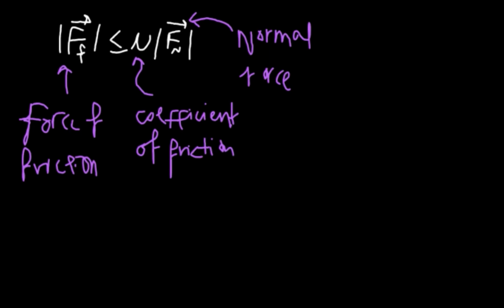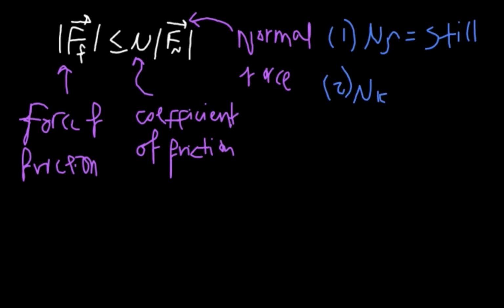So to understand the inequality, you need to know two things about the coefficient of friction. The first one is that it could be the coefficient of static friction, and that is used when the object is still, so static for still. And the second one is mu sub k, which is the coefficient of kinetic friction. So mu s is going to be greater than mu k.